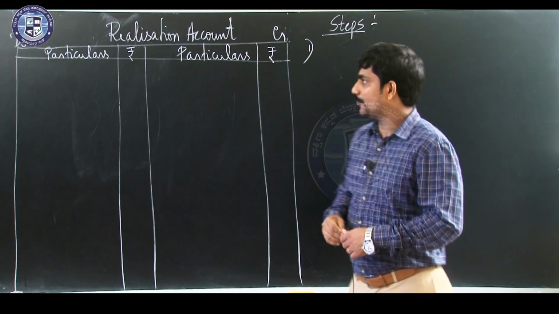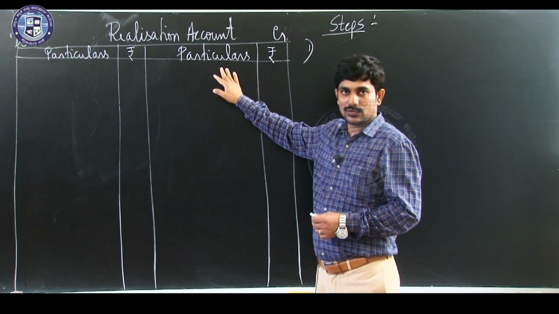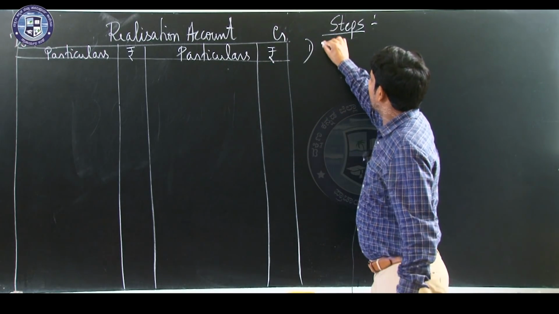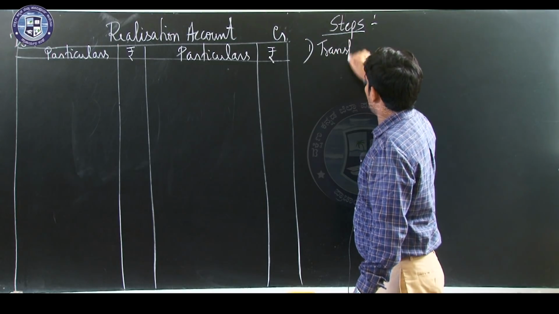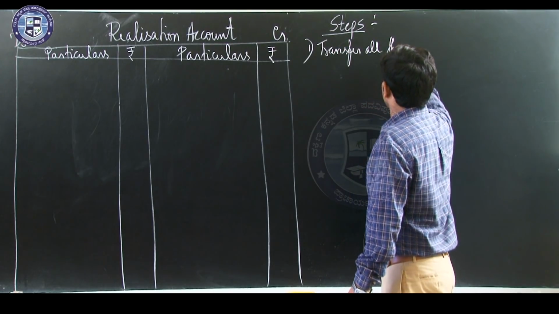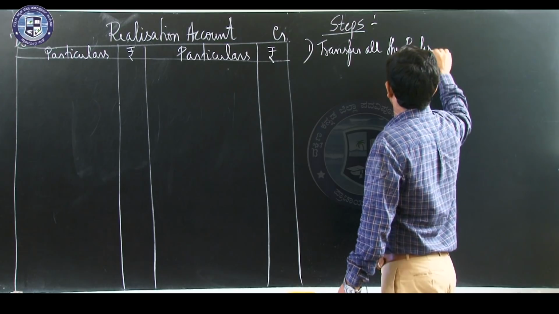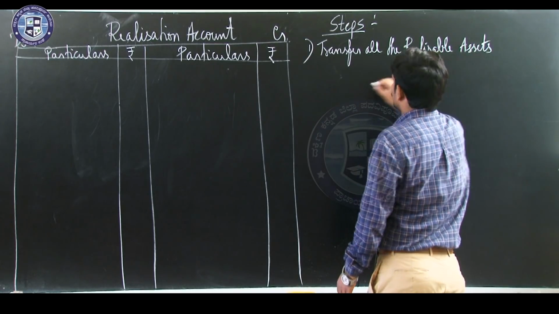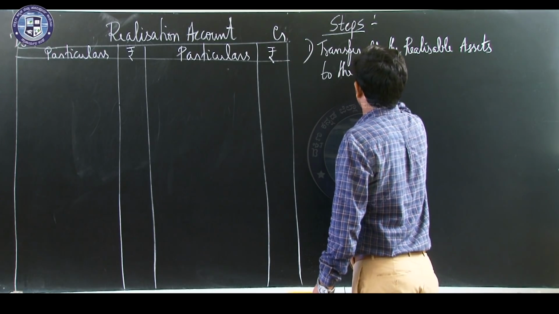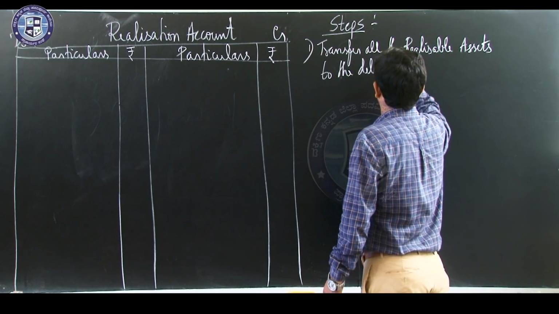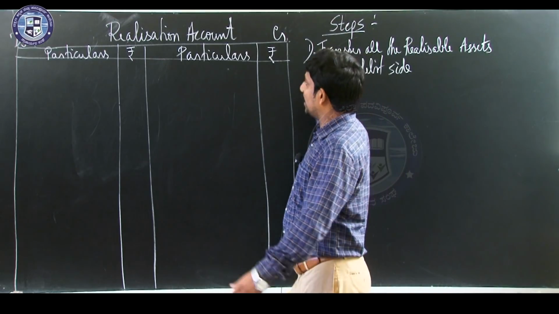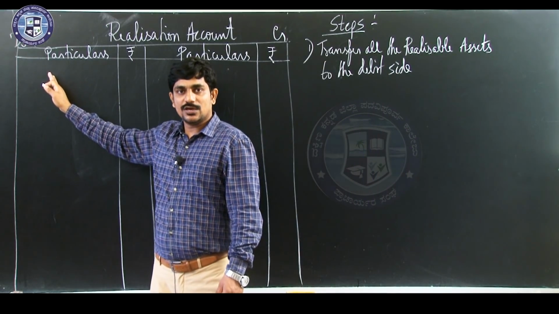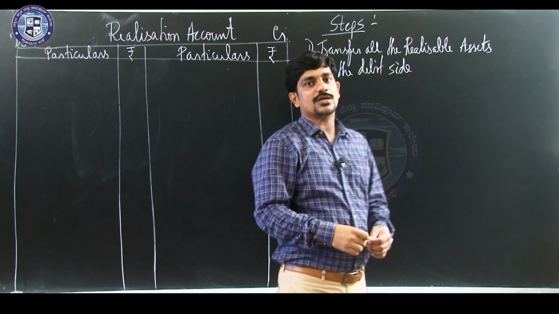So, the first step when you are preparing the realization account: transfer all the realizable assets to the debit side of the realization account.